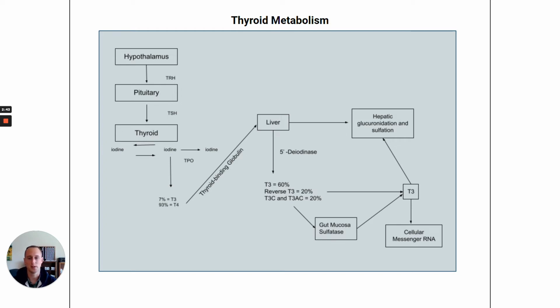But this part where it's turned into T3 from T4, you're going to see it with the 5-deiodinase enzyme. That's, plain and simple, it's removing an iodine. That's the whole name and what that enzyme means. And so as it continues along this path, then it'll go all the way out through your bloodstream to every part of your body.